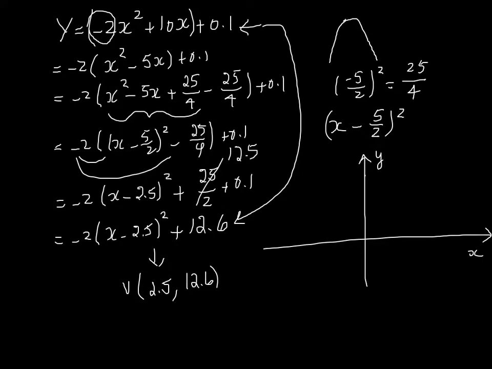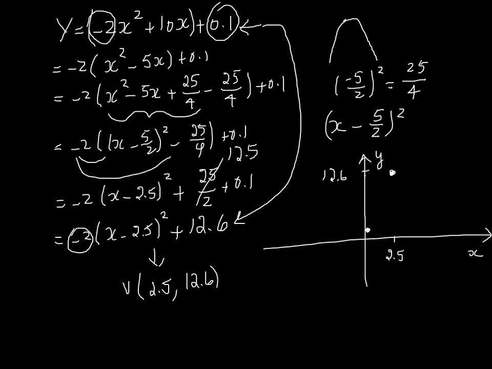So 2.5, if it's somewhere around here, 2.5, 12.6 is somewhere around here. So my vertex is going to be here. The other thing is that since the leading coefficient is negative 2, we know that the parabola opens downward. Now I'm going to find the y-intercept. If we go back to the standard form, the y-intercept is the constant, which is 0.1. So we can say that this here is the y-intercept.